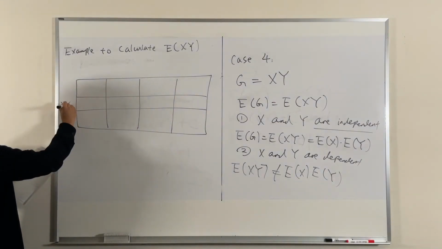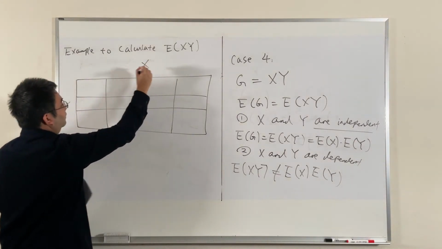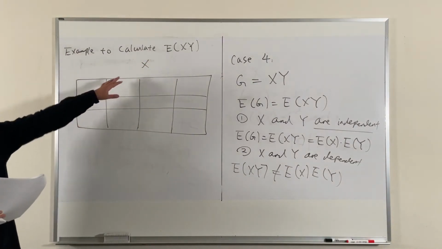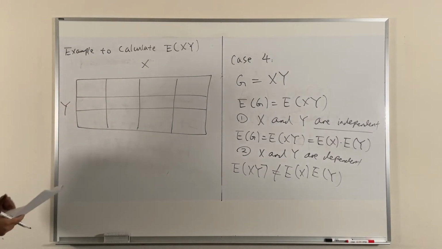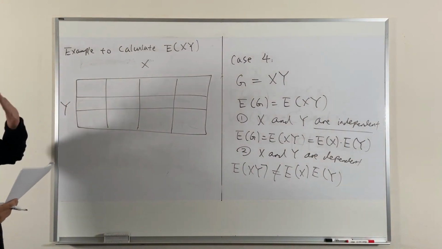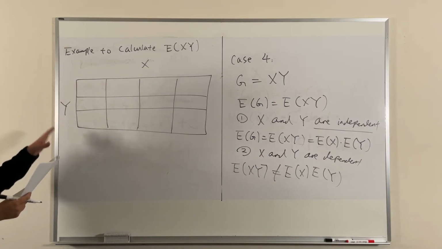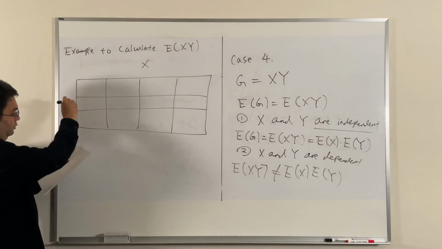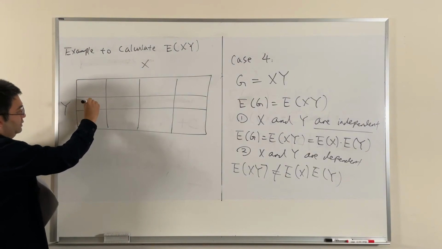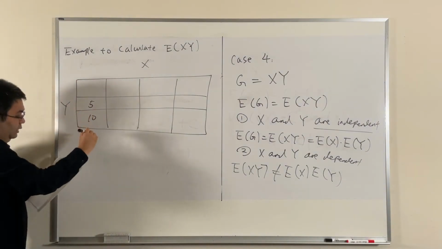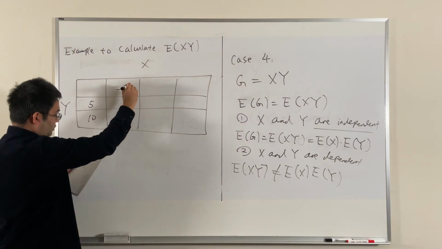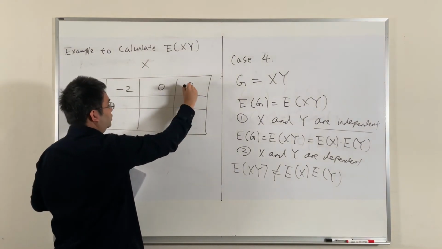So y and x. We have two random variables, x and y, and each one is going to take on their possible outcomes, possible values. The possible outcomes for y are 5 and 10, right? For x they are -2, 0, and 2.